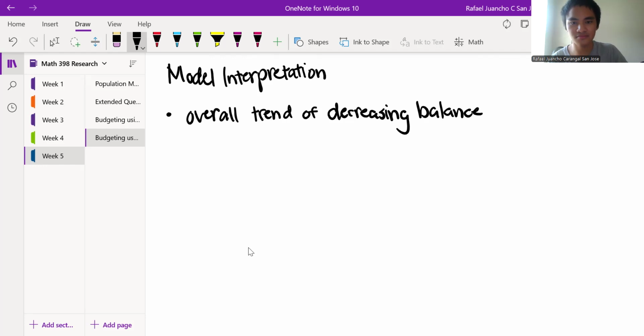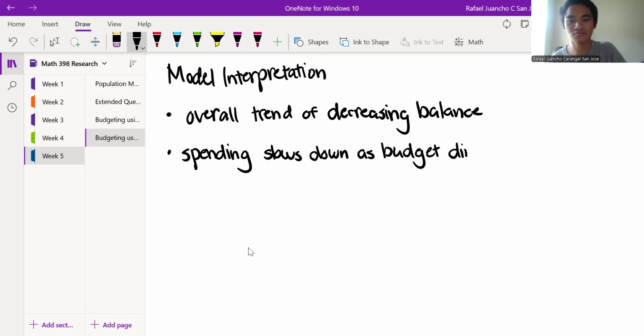There's that. And then there's this concept of spending slowing down as budget diminishes, right? And then the idea that spending should approach zero as the end of the dining plan nears. This is something I'm still working on.